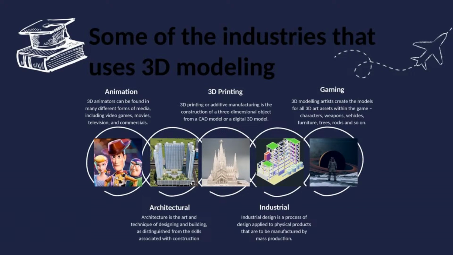Some of the industries that use 3D modeling, that's basically a lot, because in today's world there's so much you can do with 3D modeling. The final products range from simple visuals to very important projects, from demonstrating what you want to show to a large audience, to fully simulated 3D objects that can be tested in actual environments.